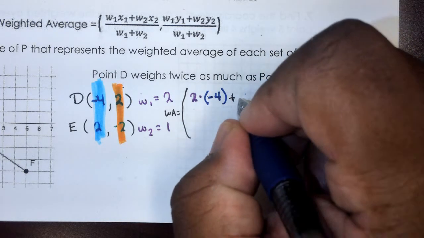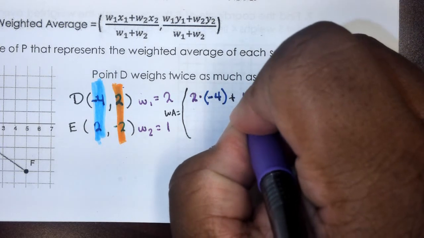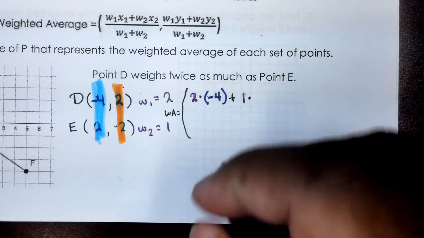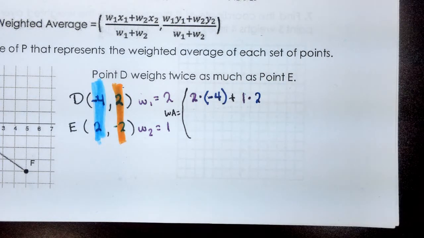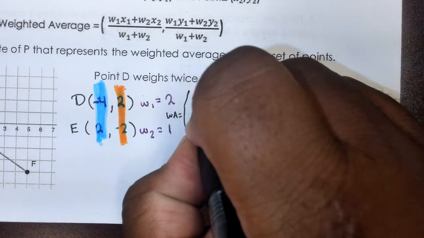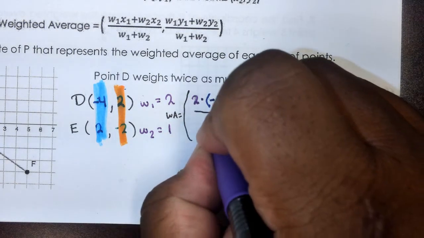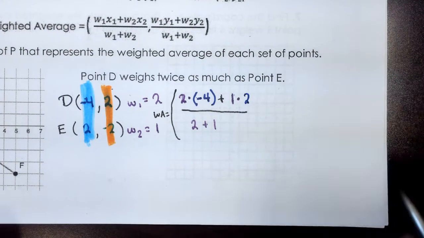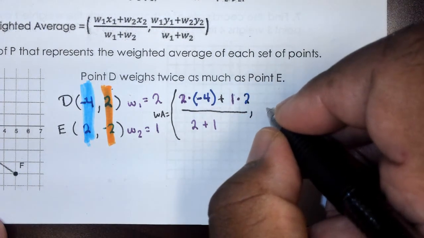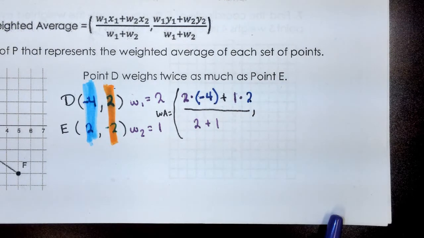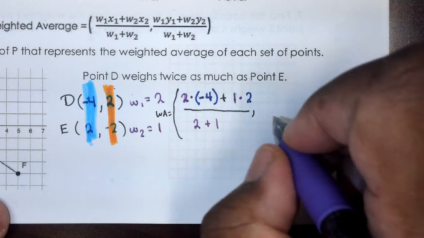Then my weight 2, which is 1, times my other X value, which is 2. Then we got to divide that by our 2 weights added together, 2 plus 1. I'm taking my time too because I want to make sure I put my numbers in right. And then on the other side we deal with the Y's.